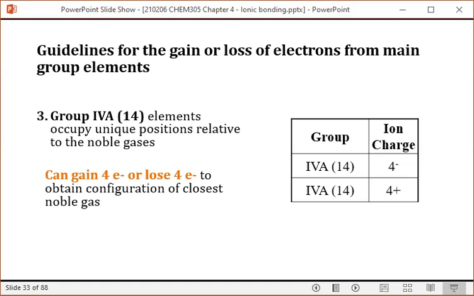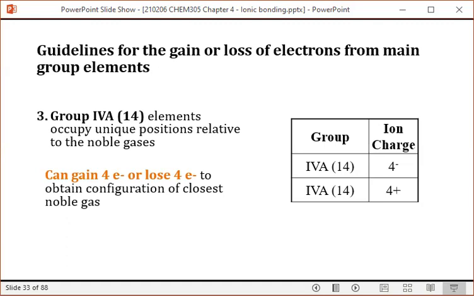The elements in group 14, group 4A, the ones towards the top of the group, carbon and silicon, are going to tend to gain 4 electrons to get to a full octet. So carbon, when it forms an ion, would tend to form an ion of 4 minus. As you move down the column, tin and lead are more metallic in nature, so they're going to tend to lose electrons to get to a full octet.